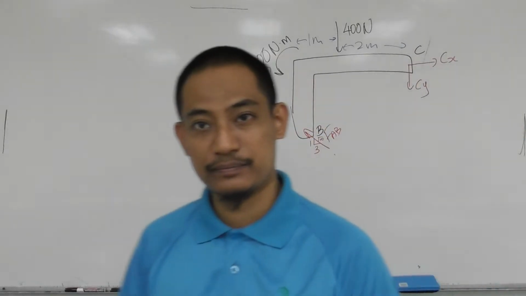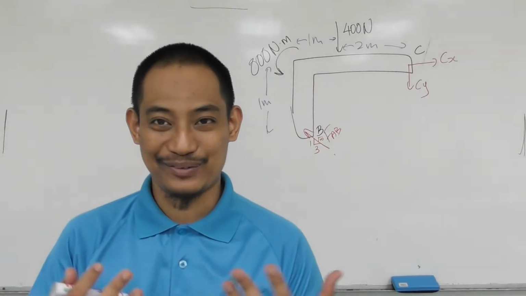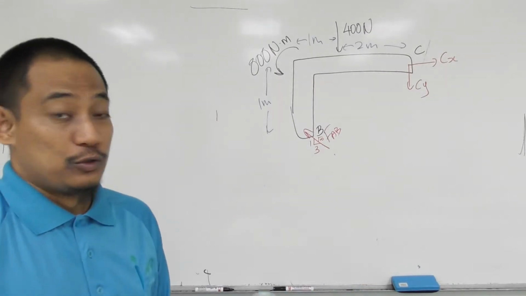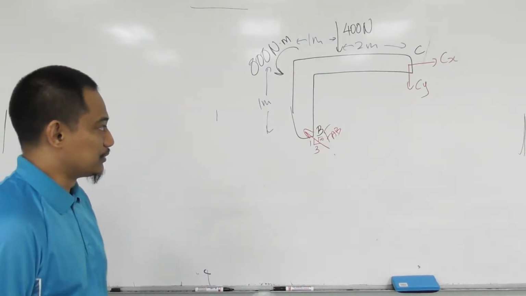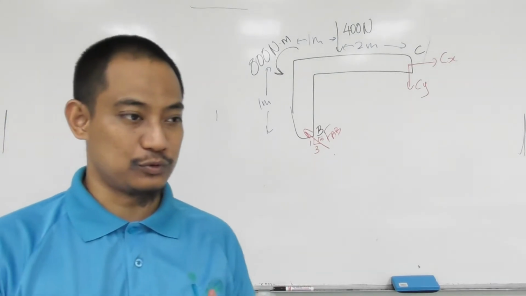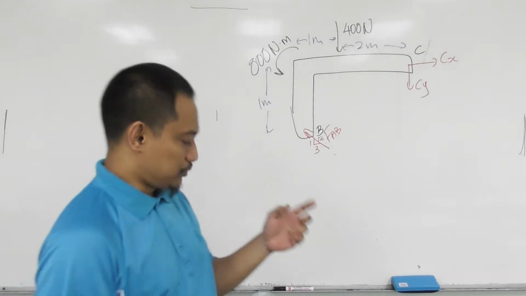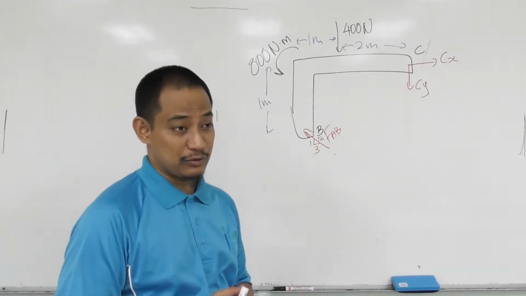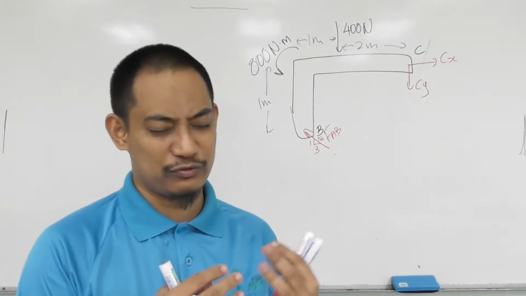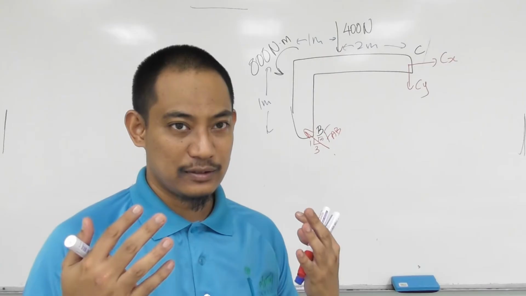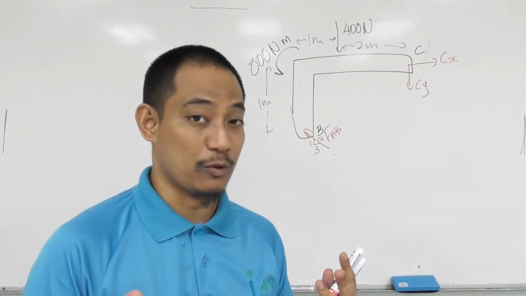Okay, any question? How can you answer, right? Alright, with this free body diagram established, now the next question is how to solve. If you haven't done enough exercise by now, you normally know what is the first equation that you should use, and for most questions, the summation of moment will be the first one.